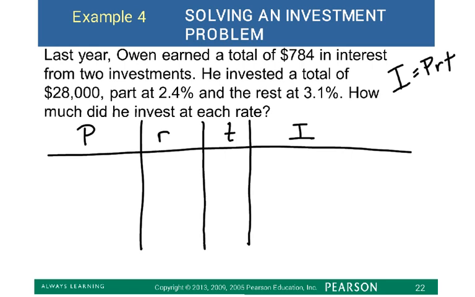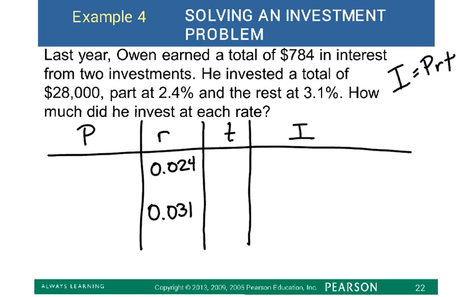Okay, so for this first one, I'm going to say that P, the part amount that is going to be invested at 2.4%. Let's go ahead and put our rates down. 2.4%, change it to decimal form, is here. And then our other one, 3.1% here.